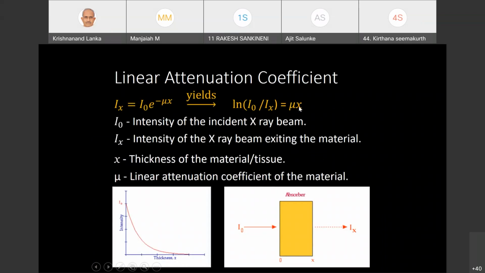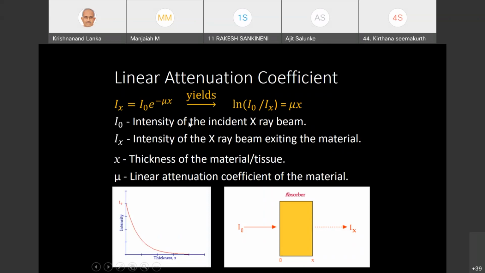Then I-x is the intensity of the incident X-ray beam, and this is the intensity exiting the material, along with the thickness of the material.